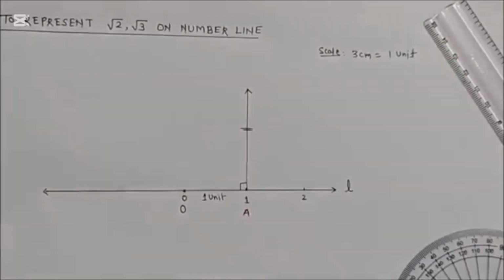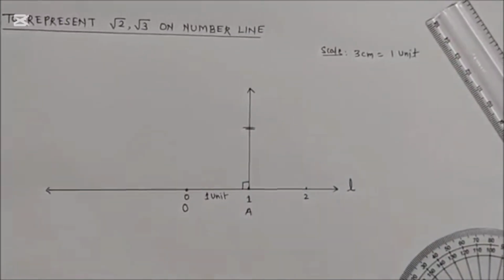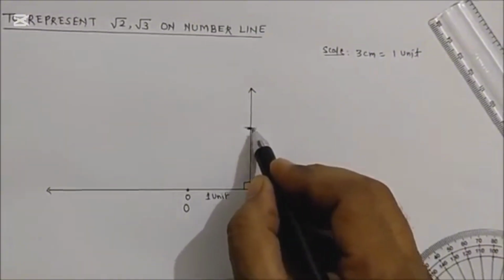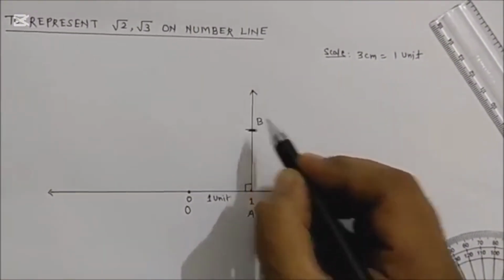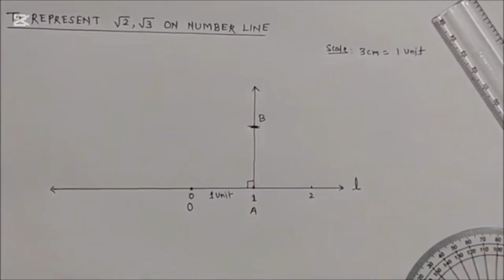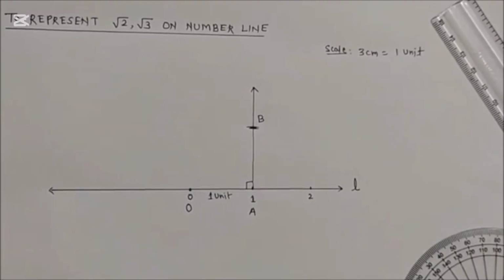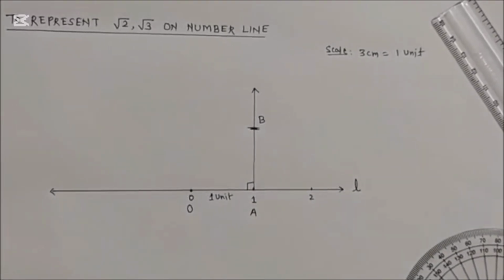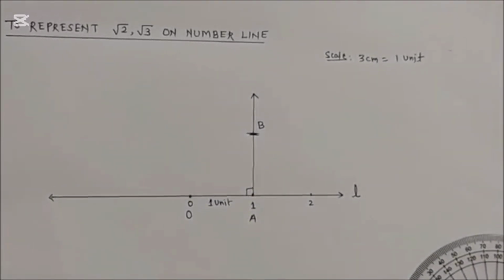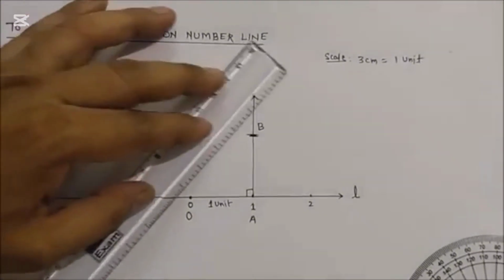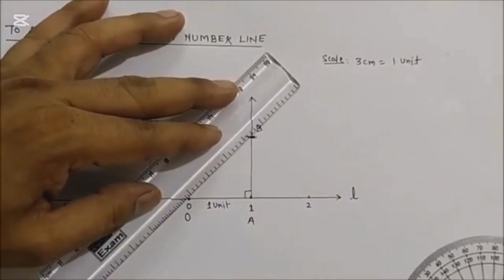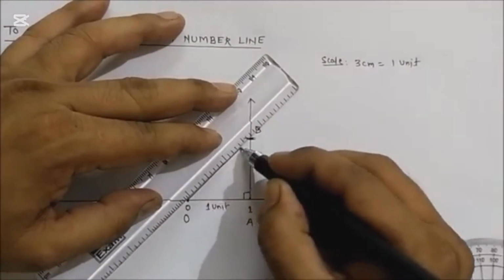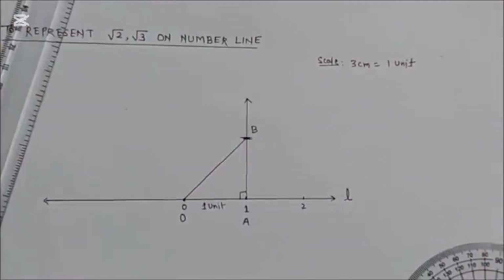Name this point as point B. Now after this, draw segment OB.